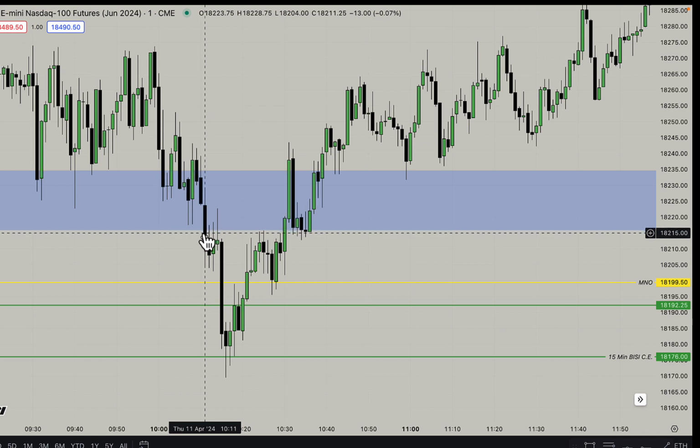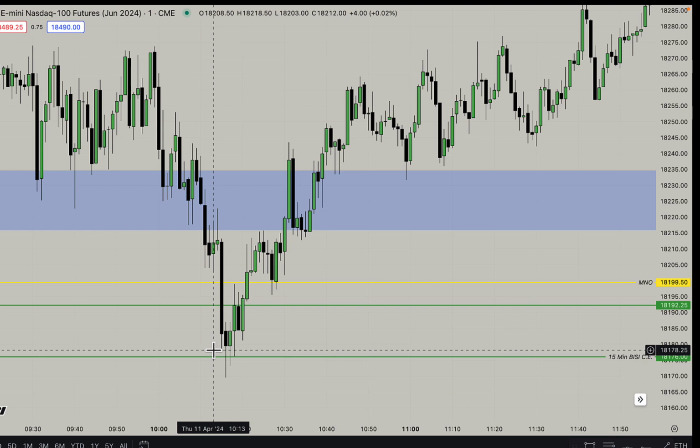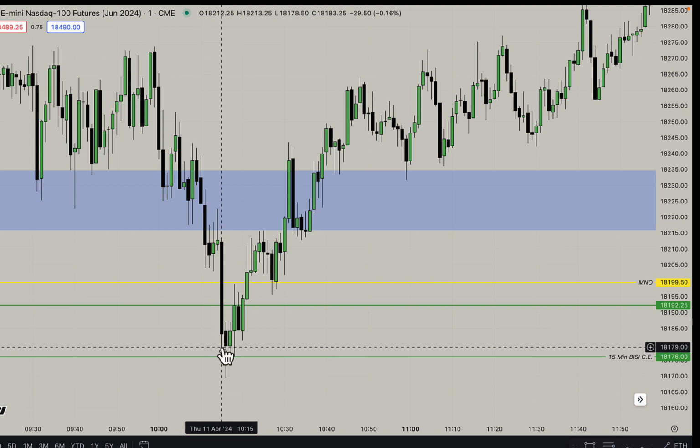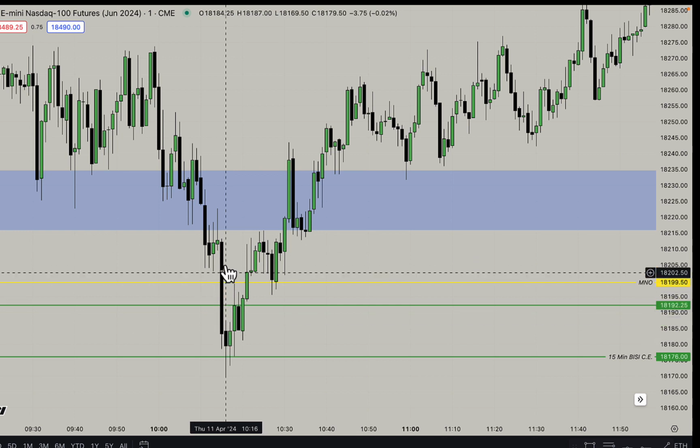Where's price going to go? We're looking forward to trade back into the range of that fair value gap that formed on the 15-minute chart after PPI, the high impact news release, down. Look at this. Look at how the bodies stay above the midpoint, the consequent encroachment there. Okay, we have this here. That is your SIBI.